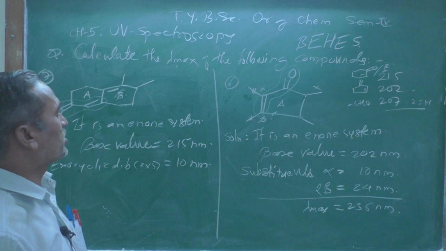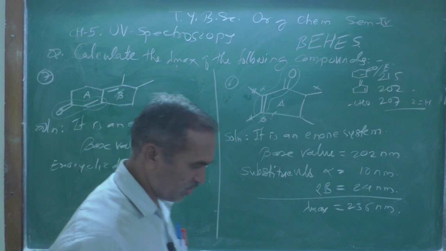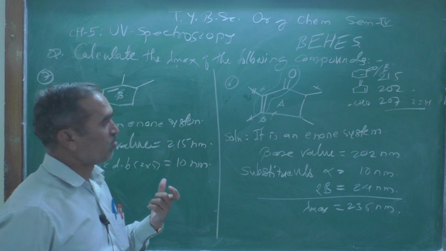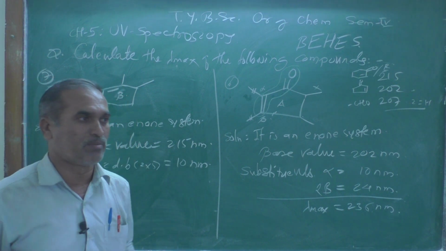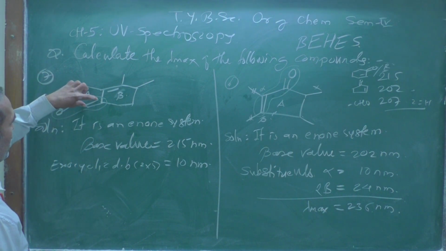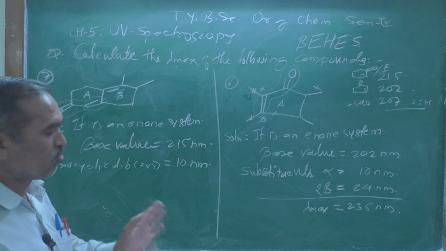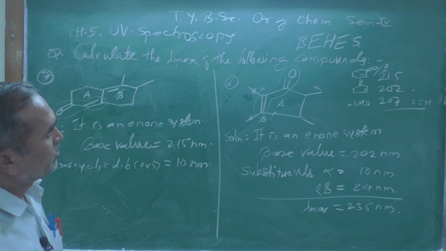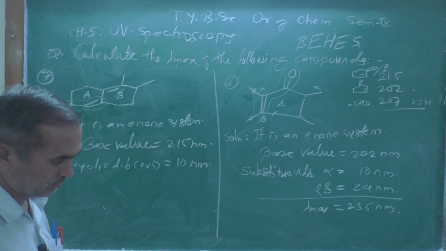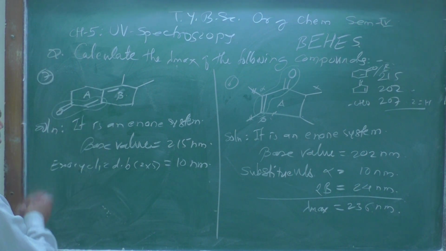Now H stands for homoannular system. Look at this structure carefully. What do you observe? A homoannular system means both the double bonds are present in the same ring. This double bond is in the A ring, and B also contains one. So there is no homoannular system, and there is no need to write homoannular. Now is there extended conjugation present in this compound?